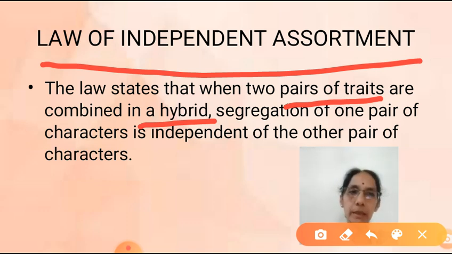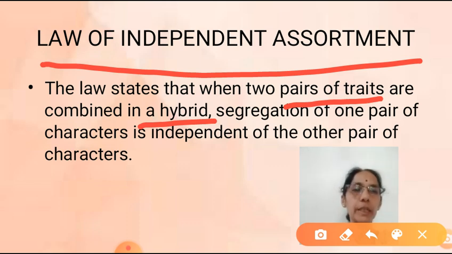Now in the F2 generation, separation of one pair of character is independent of the other one. The meaning is, we have taken round yellow, wrinkled green. If these two are not moving independently, if these two are not separating, then in the F2 generation also we have to get which two character? Round yellow and wrinkled green.